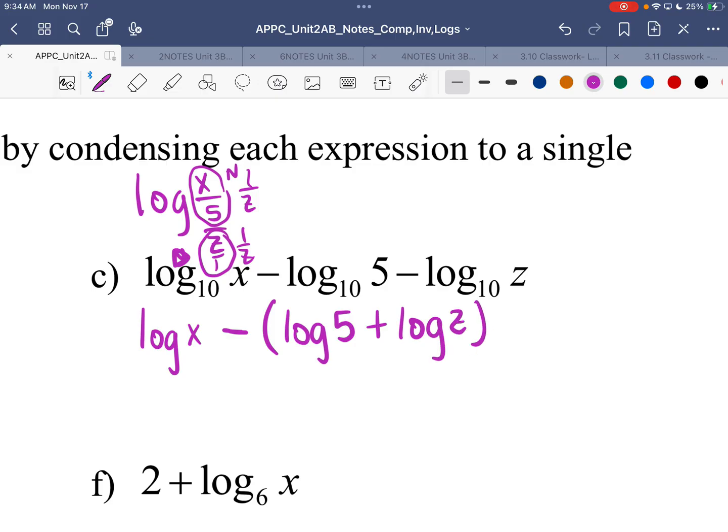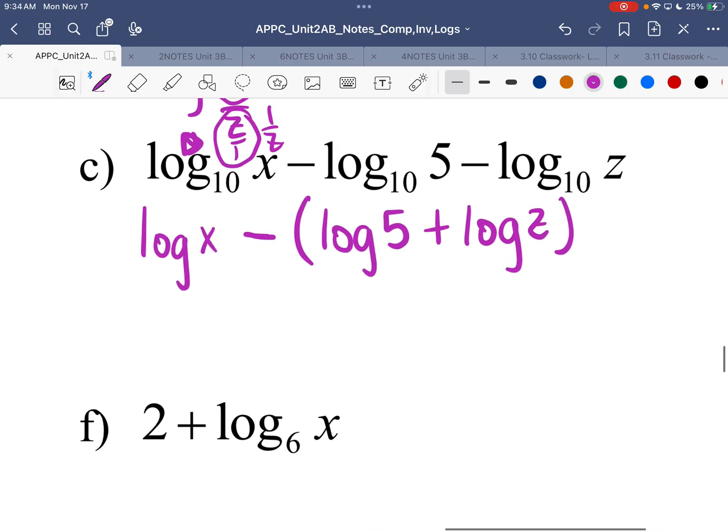If there's a 10 in the base, you don't need to write it. It's implied, the common log. Now, what is happening between the log 5 and the z if I want to write it as a single log? Multiplication. So I'm going to have 5z.